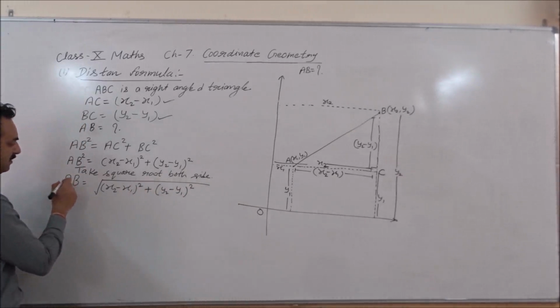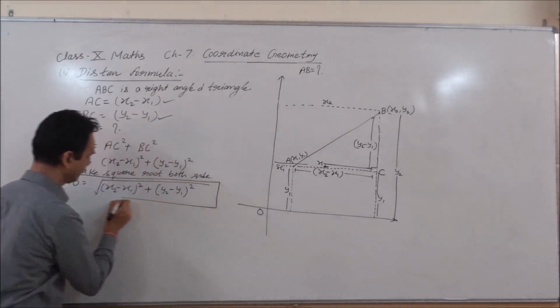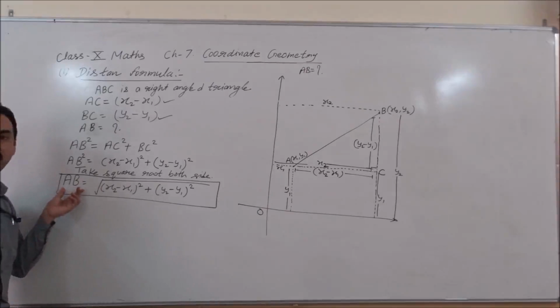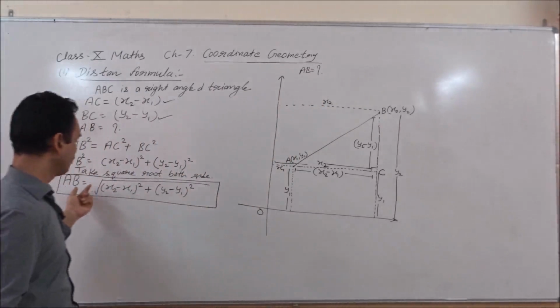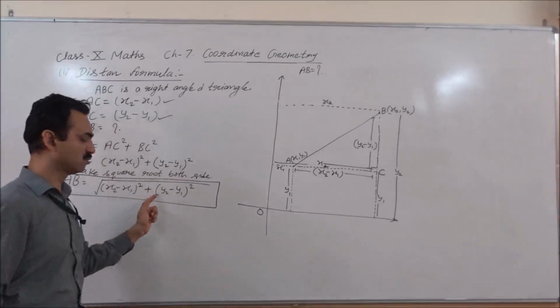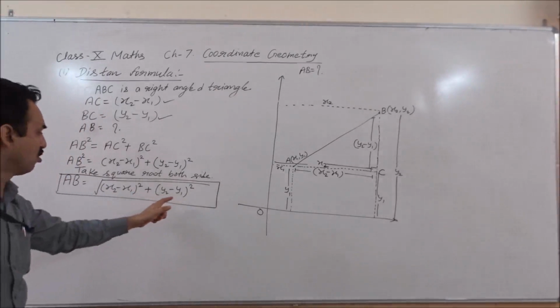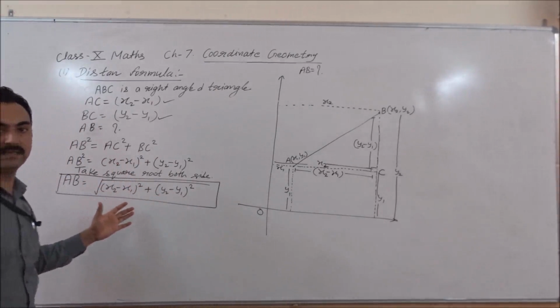So actually this is the distance formula. I want to show you this. This is the distance formula for AB. Actually we had to find AB and we got AB here as the square root of x2 minus x1 whole square plus y2 minus y1 whole square. Clear? Right.